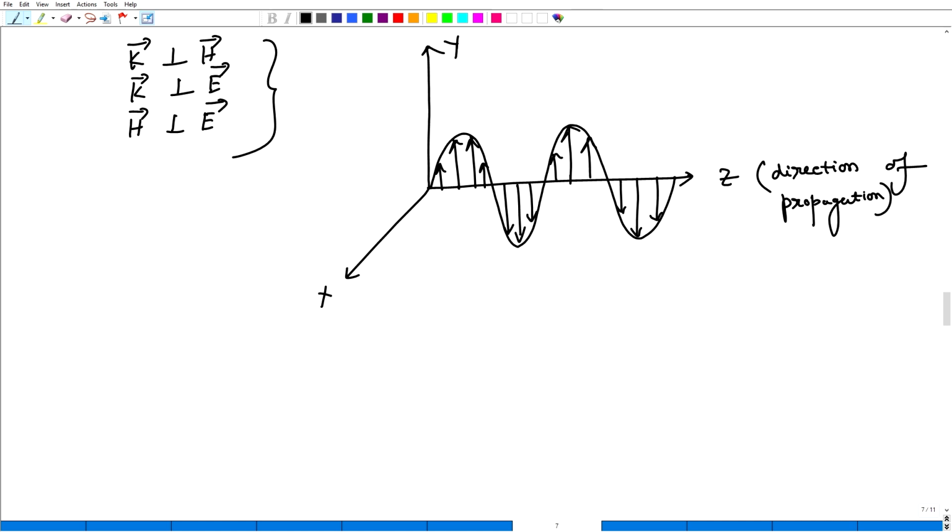Propagation is z. So, actually k vector is along z axis. Now electric field E is perpendicular to k, it is working along y axis, and the magnetic field is also perpendicular to both k and E, it is along x axis. So, this is the electric field and along here, we can use a different color.